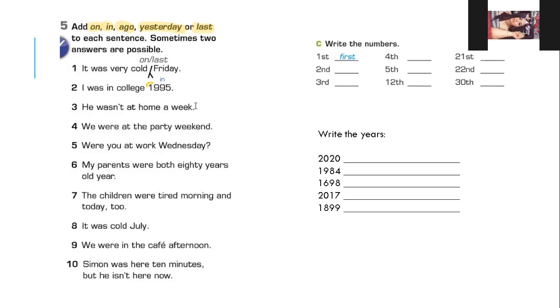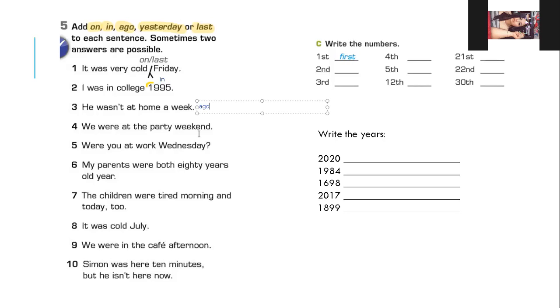Last. No es last. Try again. On, de hecho, aquí la palabra se agrega al final. He wasn't at home a week ago. Ajá, a week ago. Hace una semana.